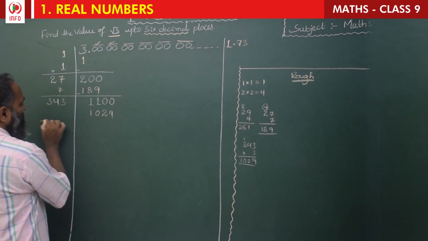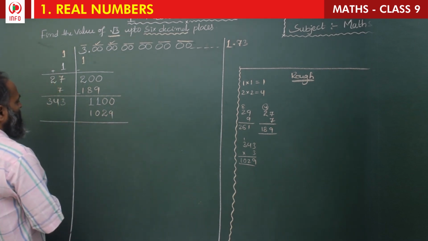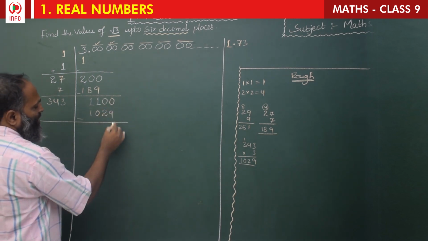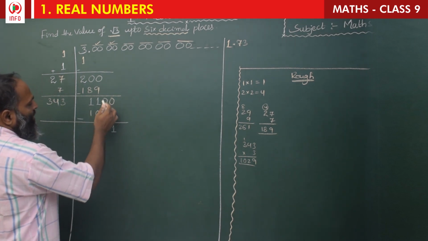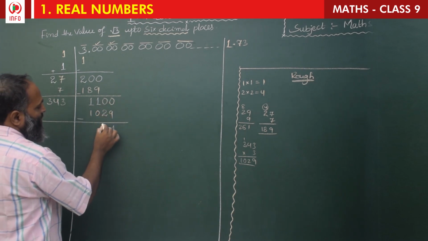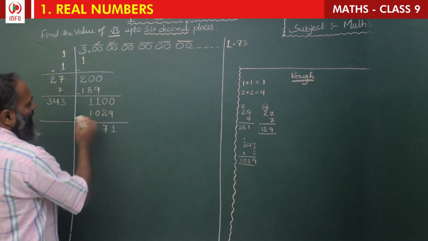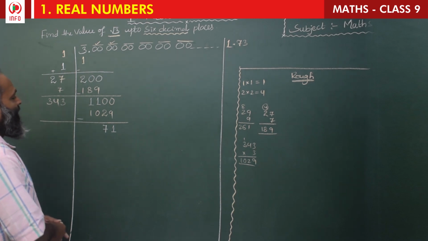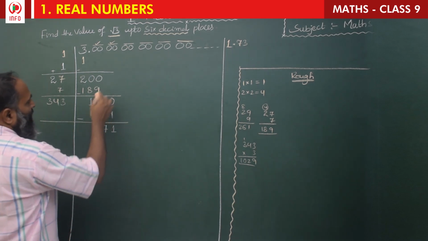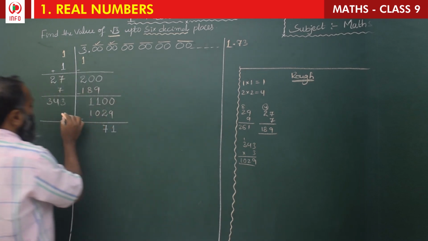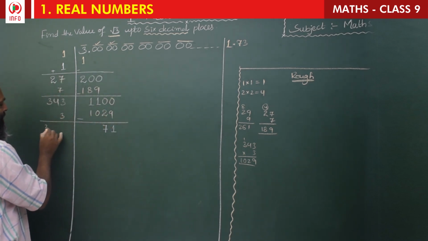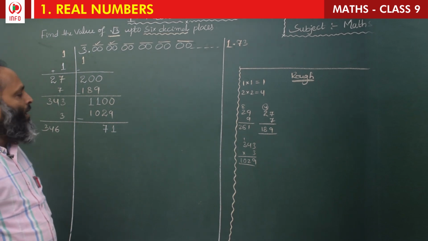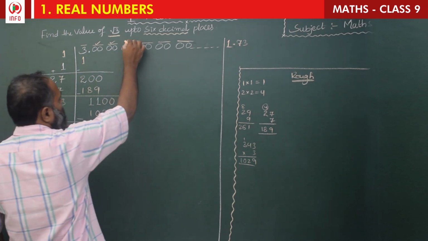Now subtract. 10 minus 9 is 1. Here 9 minus 2 is 7. Here 0, so 71. Then after that, here 3 is there, that 3 we should add: 346. Then next pair of zeros we should copy.